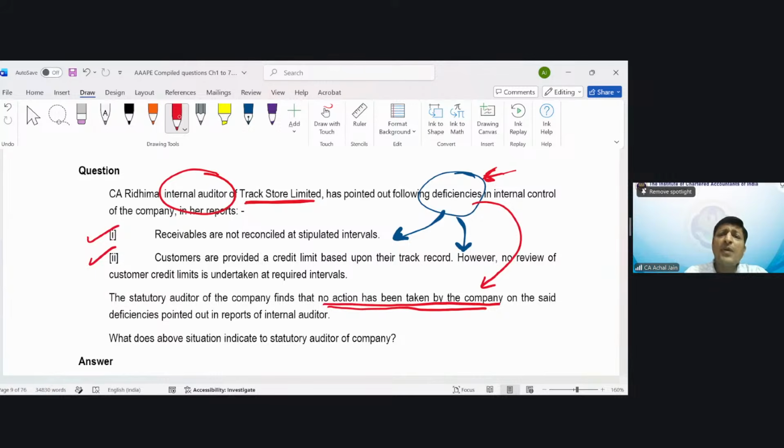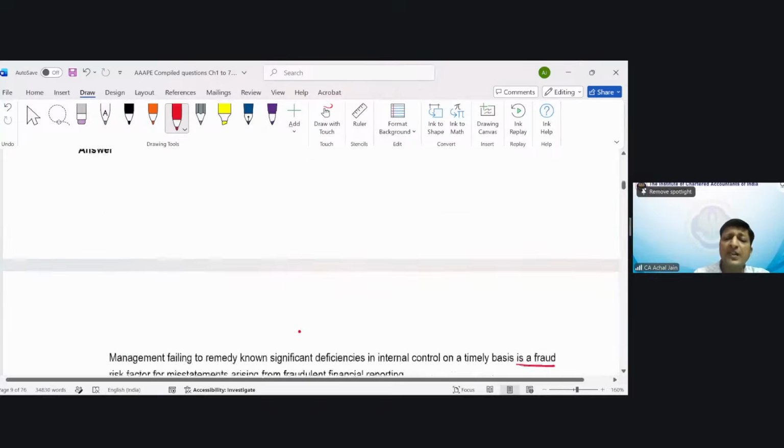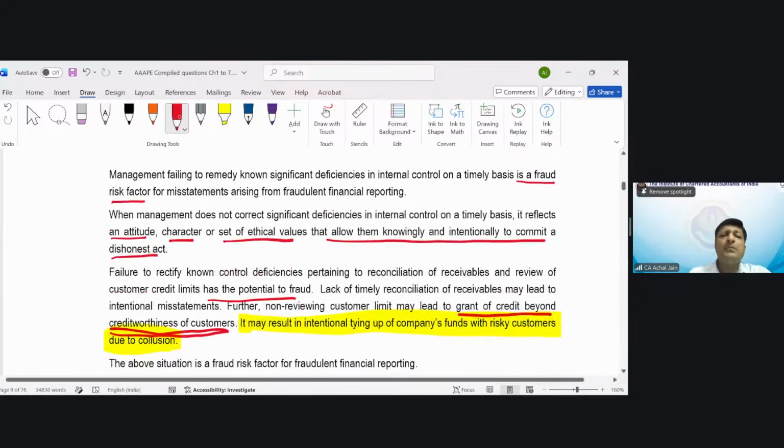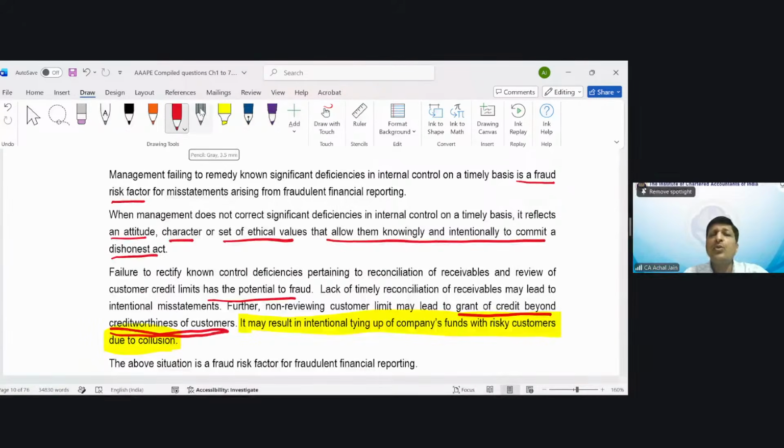Now, what does the above situation indicate to the statutory auditor? Now, what is the indication? I think the indication we have already discussed, but let's look at it now. Management failing to remedy known significant deficiencies in the internal control on a timely basis could be a fraud risk factor for misstatements arising from fraudulent financial reporting.